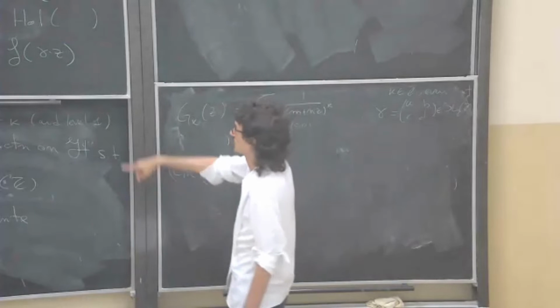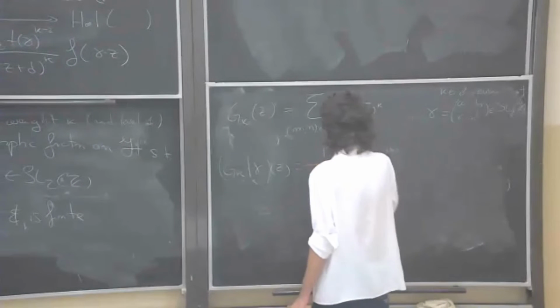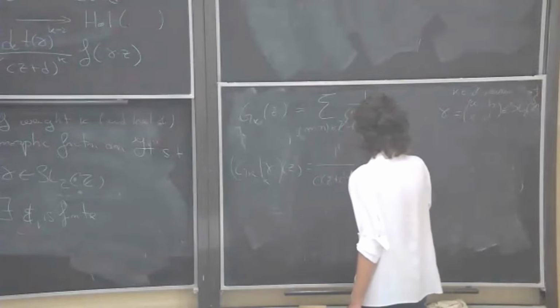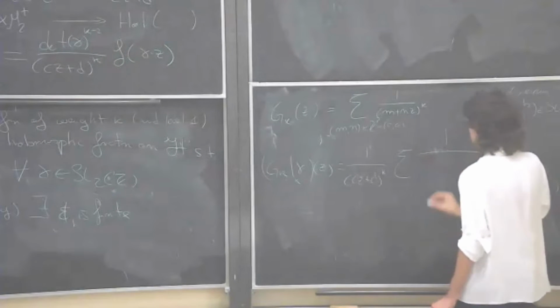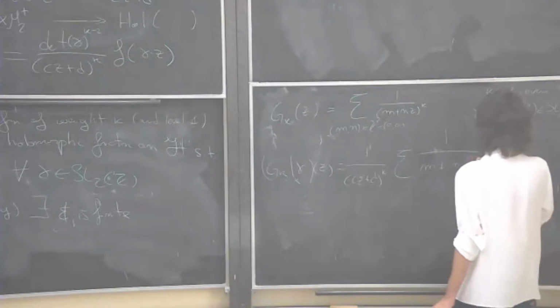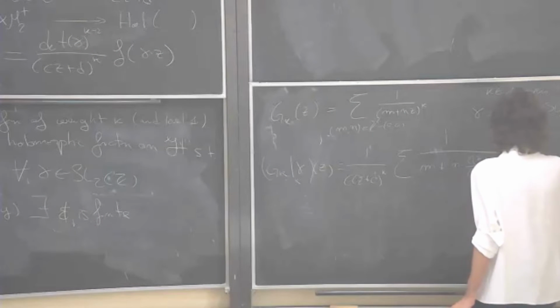We look at the definition which is there. Determinant of gamma to the k minus 2 is 1 because gamma is in SL2. Then we have (cz plus d) to the k, times the sum of 1 over (m plus n (az plus b) over (cz plus d)) to the k.